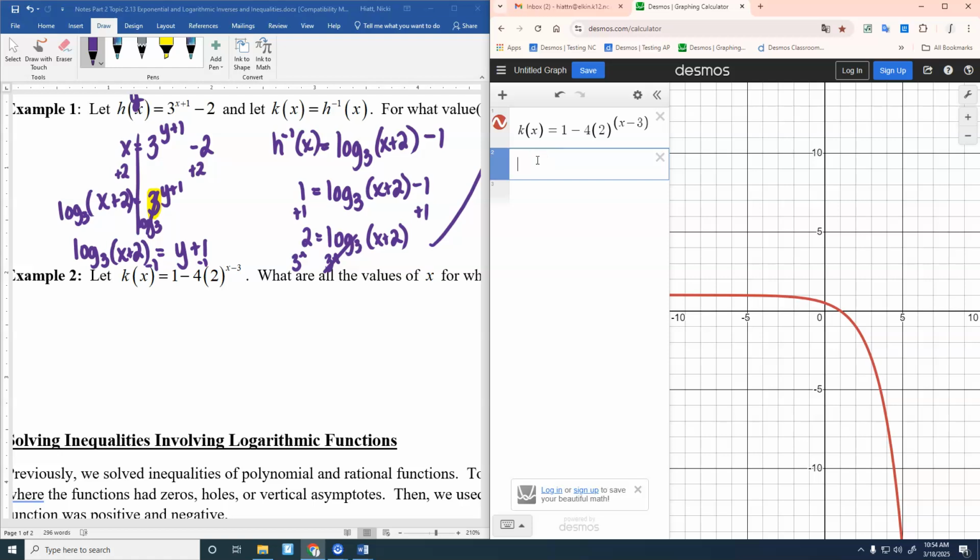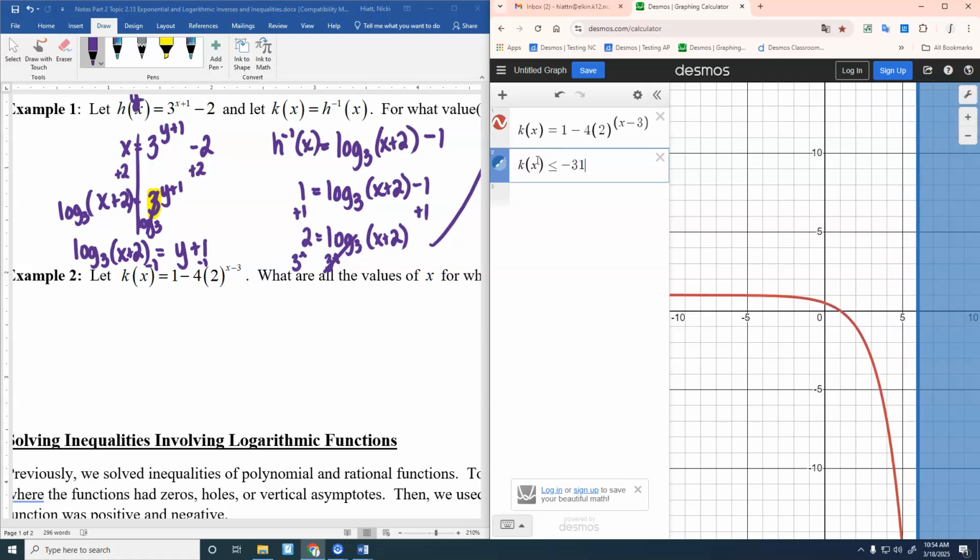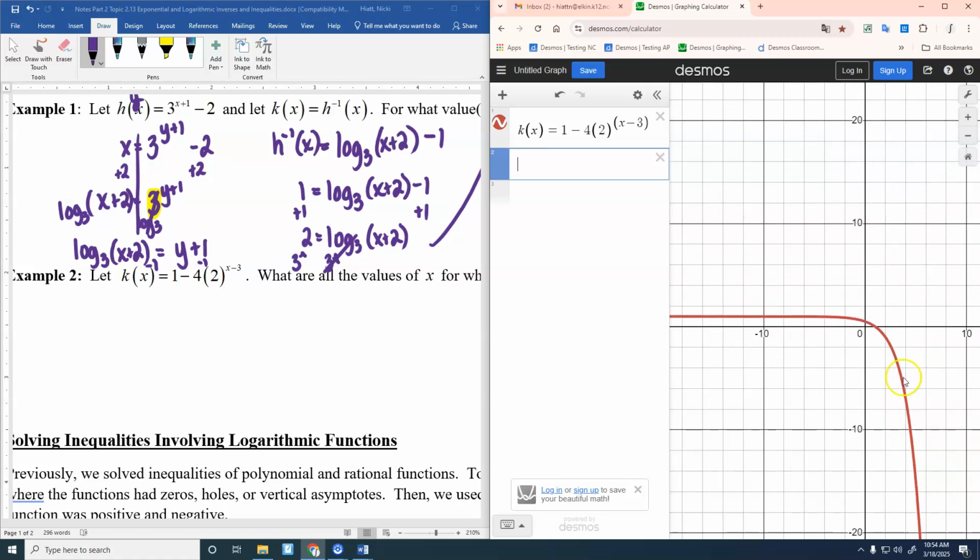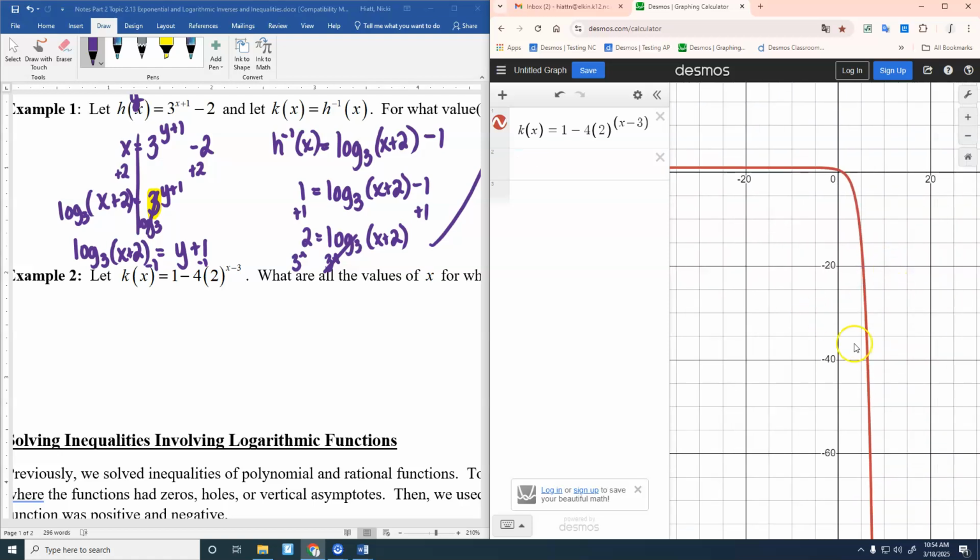It gives you the answer, but it's a little bit different. We're looking for where this is below -31. So if I type in y equals -31, it puts a line right here, and I want to know where this graph is below that value.